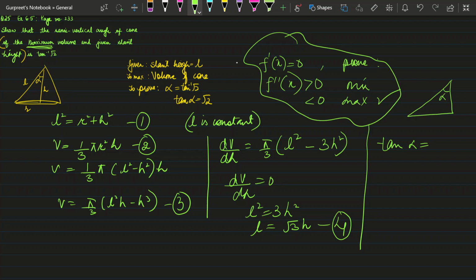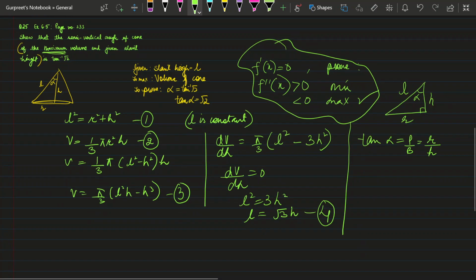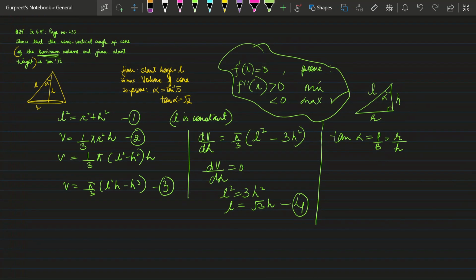This is alpha, this is R, this is H, and this is L. Tan alpha is perpendicular upon base, right? The side on which we have both the angles is the base. So my base is H and my perpendicular is R, so it is R upon H.